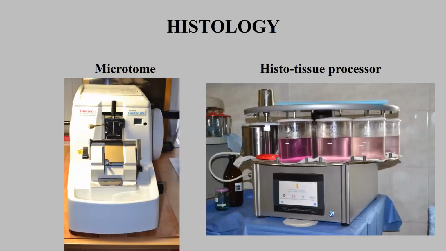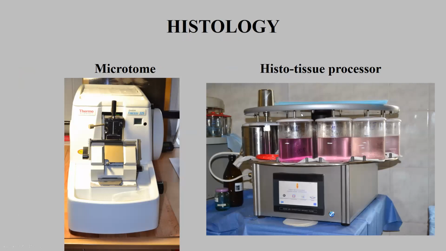Our main method is histology. This routine procedure is based on staining tissues with hematoxylin and eosin, and we prepare microslides using a microtome to make a very thin section, about 4 to 7 micrometers.